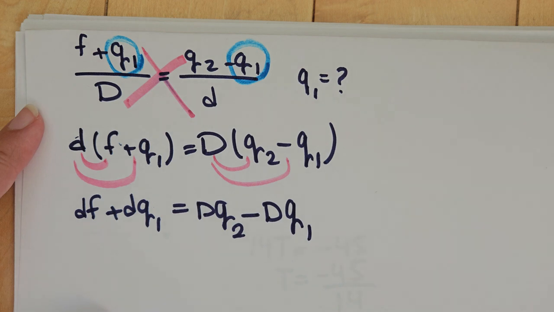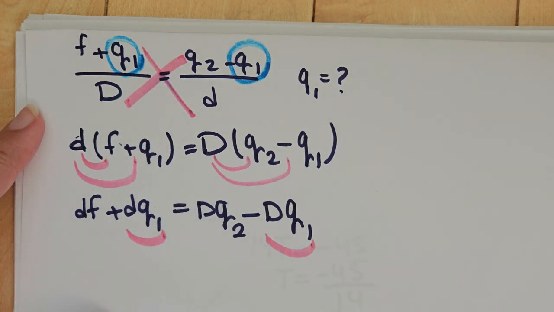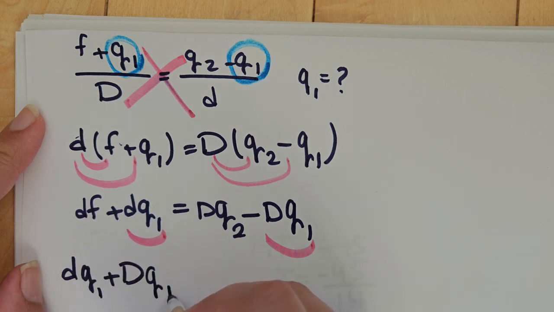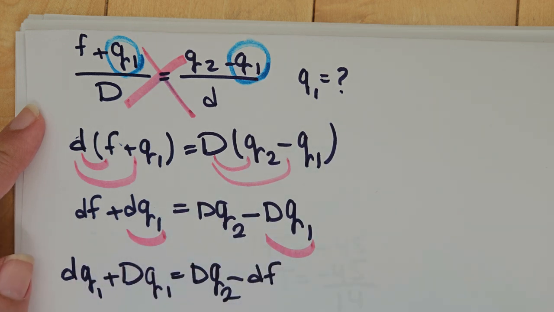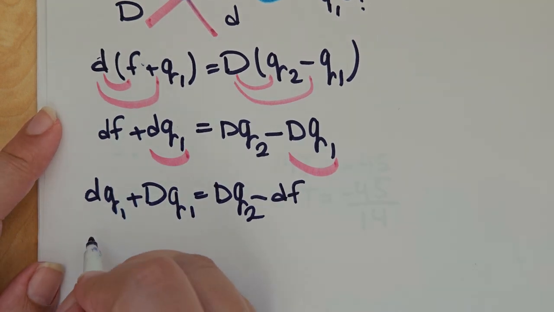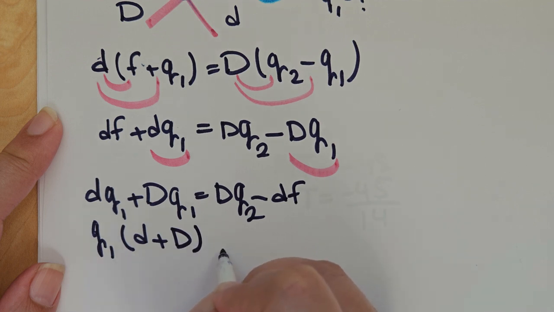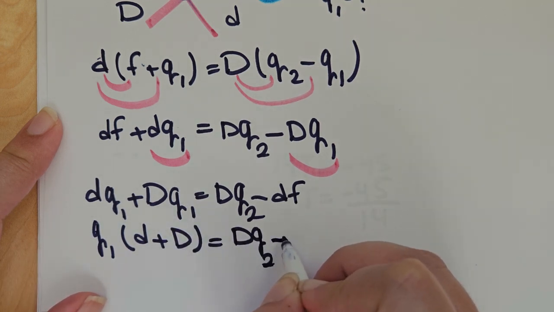Remember, Q1 is your variable. So you have to move all your variables to one side, the constants to the other side. So you would have dQ1 plus capital DQ1, then you have DQ2, and then df would be moved to the other side, right? Now what you can do, you can factorize Q1. You would have small d plus capital D, then you have DQ2 minus df.